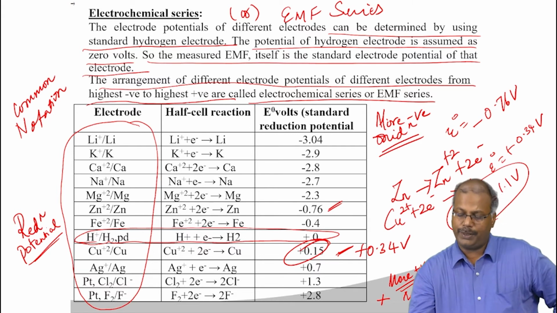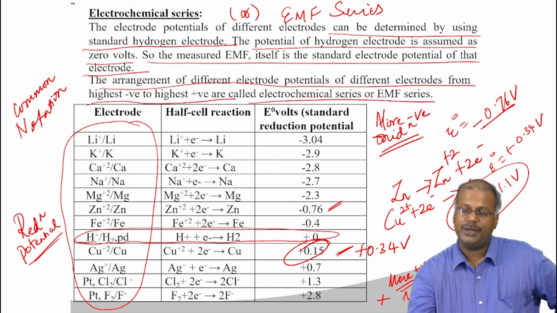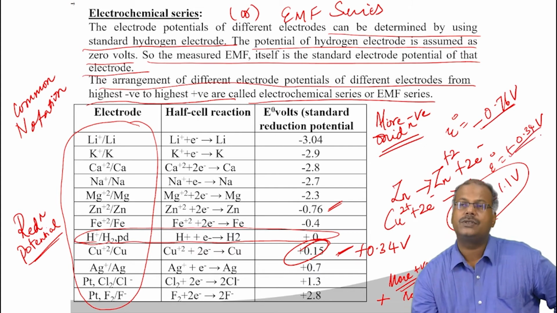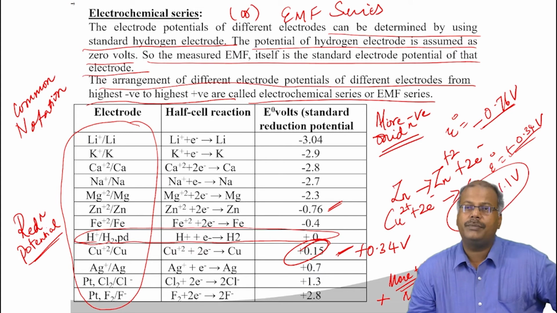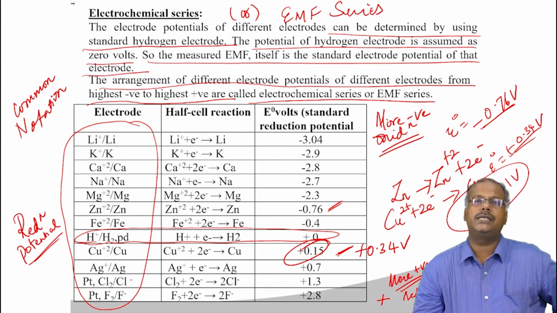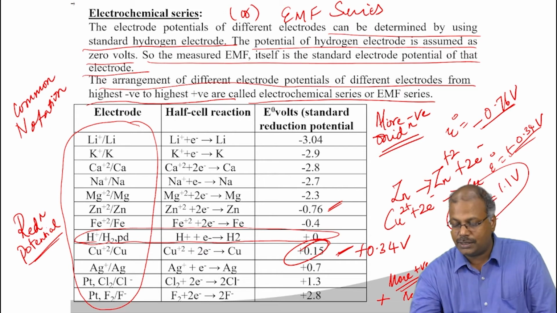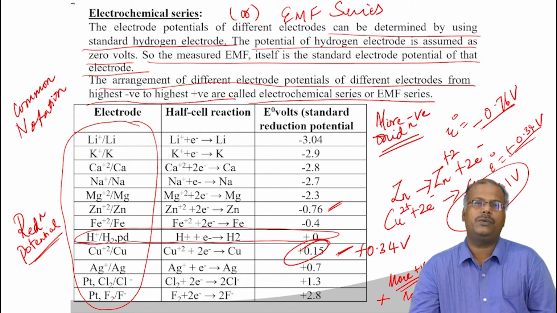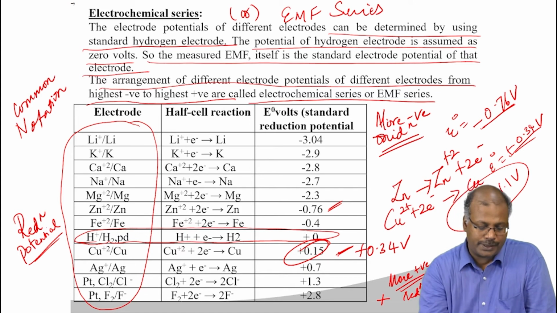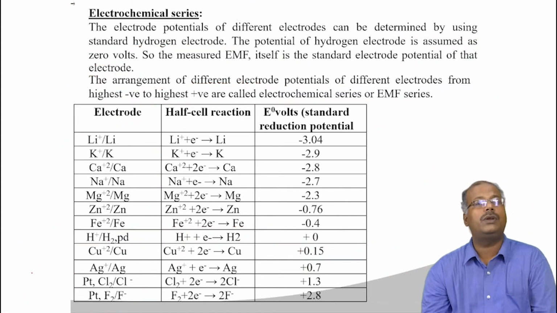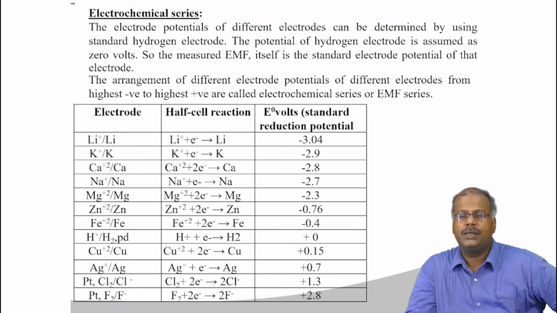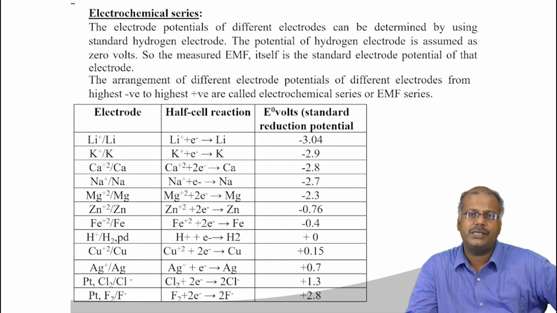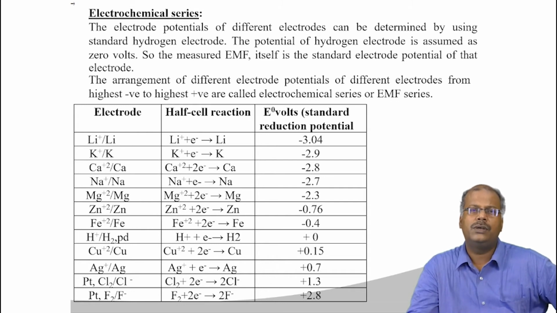When you have a zinc copper couple, zinc is at minus 0.76 and copper is positive. So copper undergoes reduction and zinc undergoes oxidation because of their electrode potentials. Of the two electrodes, the more negative undergoes oxidation, and the less negative or positive undergoes reduction. For any two other metals, from their E naught values we can find out which will undergo oxidation and which will undergo reduction.